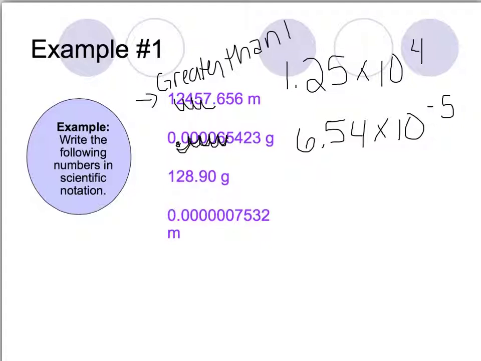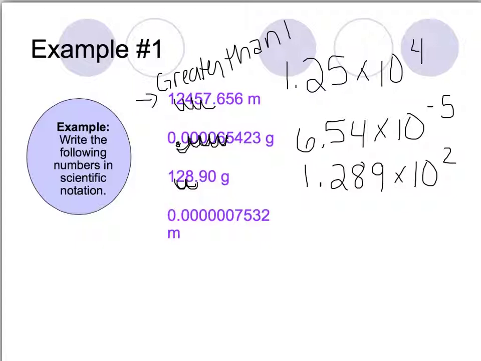Way less than 1. Now for 128.9, I'm going to move this decimal over so we just have one digit in front of it. So it's 1.289, times 10. What power? How many did we move it? 2. So we say positive 2. It's positive 2 because this number right here is greater than 1.